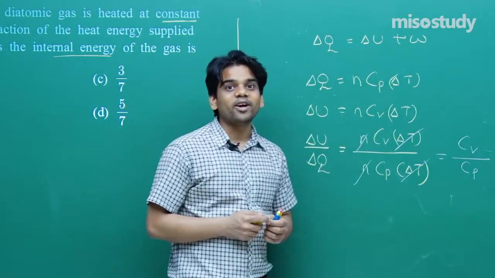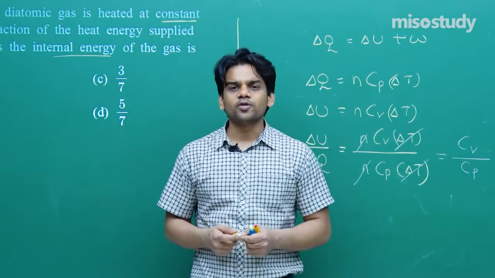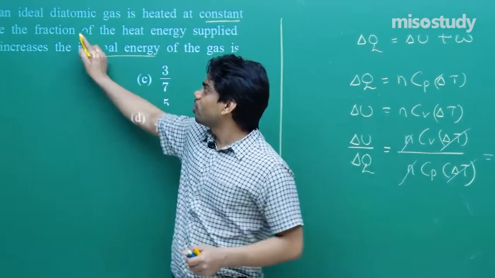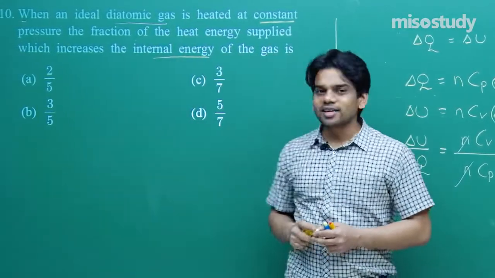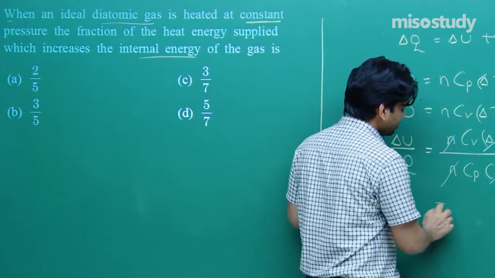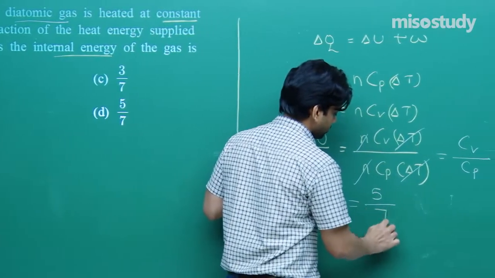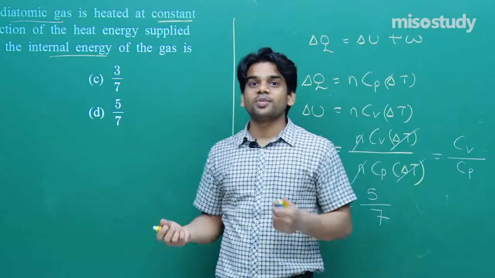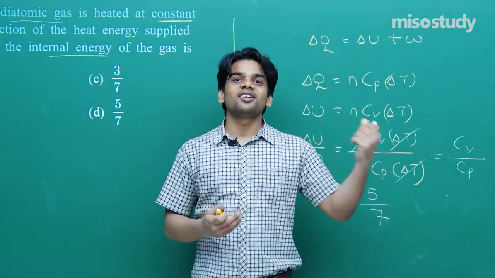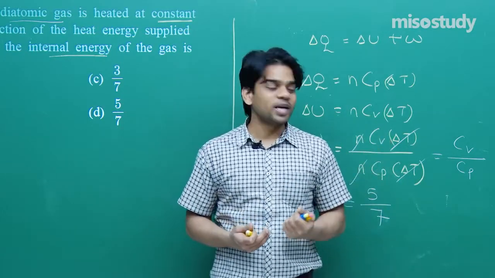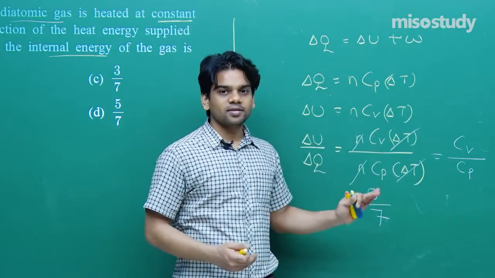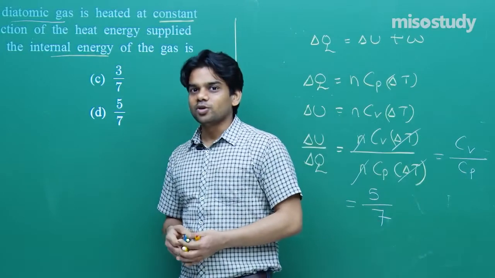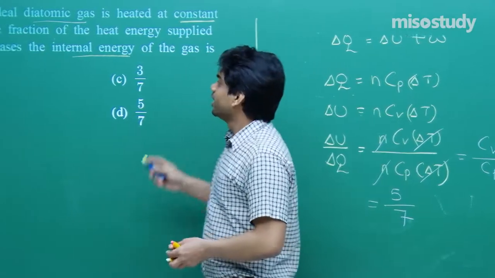And for a diatomic gas, just now I have put in the last question the value of CP by CV as 7 by 5, and again it's a case of diatomic gas, so here you will be getting the answer as 5 by 7. So what fraction of the heat energy supplied will be used to actually raise the internal energy? That will be 5 by 7 of the heat energy supplied that will be utilized in increasing the internal energy.